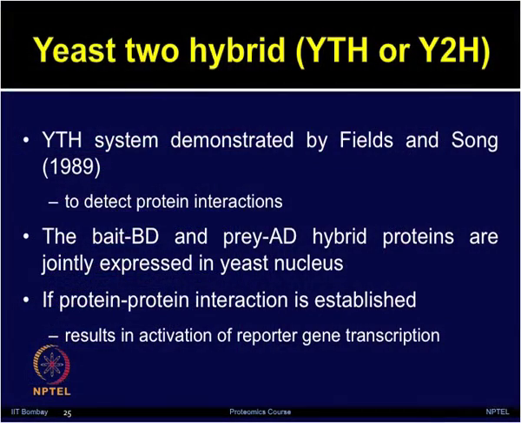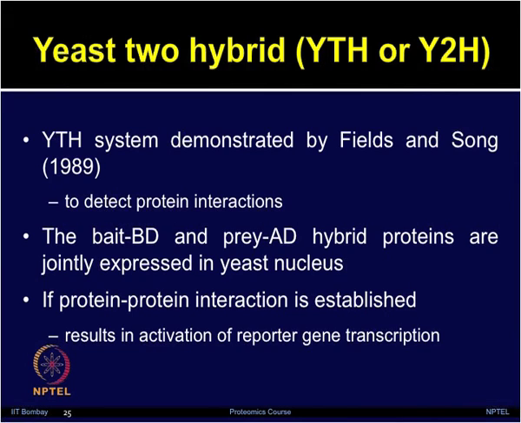Since then, this approach has been widely used in different organisms for various types of biological questions. In general, the yeast two-hybrid approach uses the bait binding domain and prey activation domain.